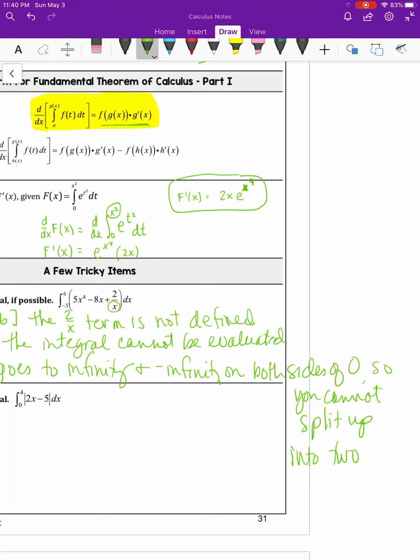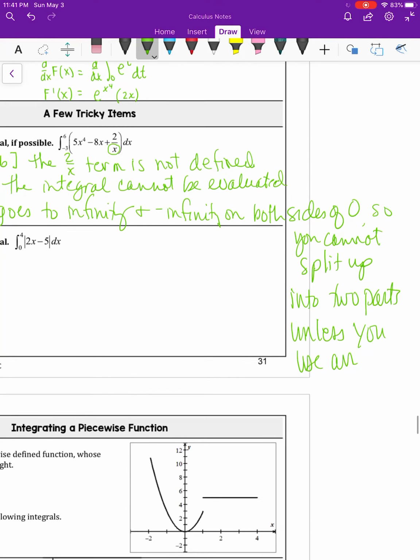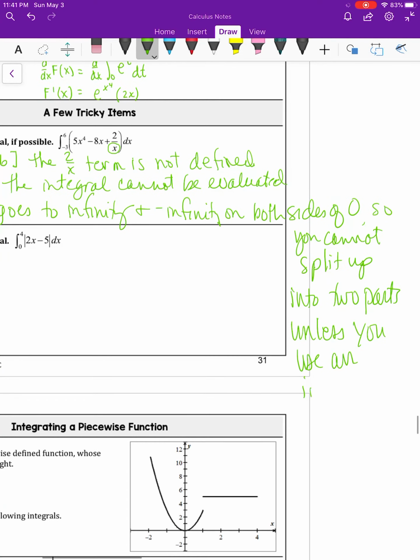So you cannot split it up into 2 parts unless you use an improper integral, which we don't do improper integrals until Calc 2.